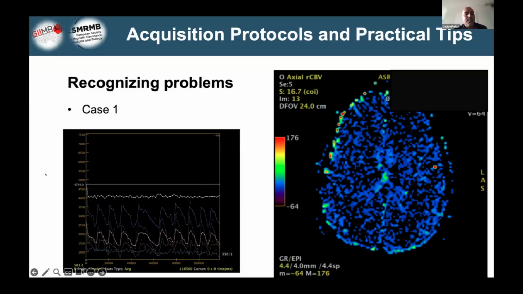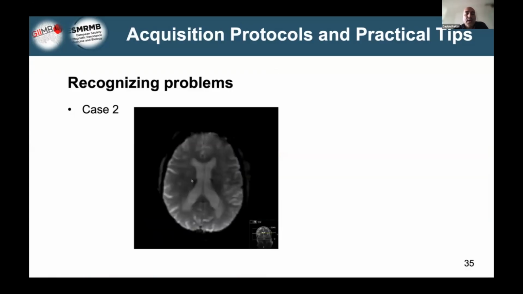The white line here represents the AIF, so with the absence of bolus arrival. Here, in this case, we can see a delayed contrast injection.